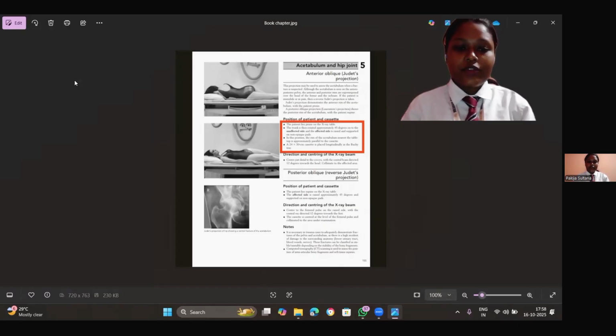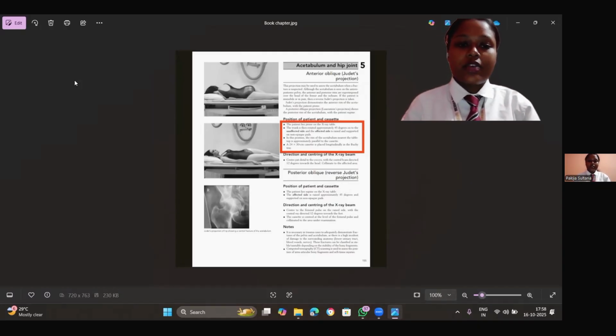It helps visualize both the anterior and posterior rims of the acetabulum, which are often superimposed on the standard anterior-posterior pelvic X-ray.